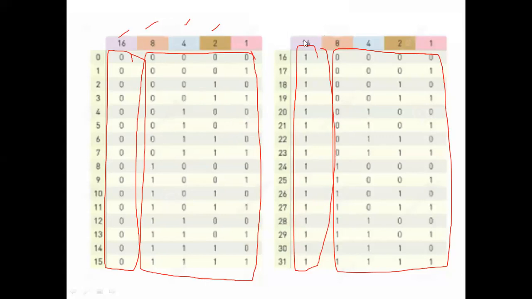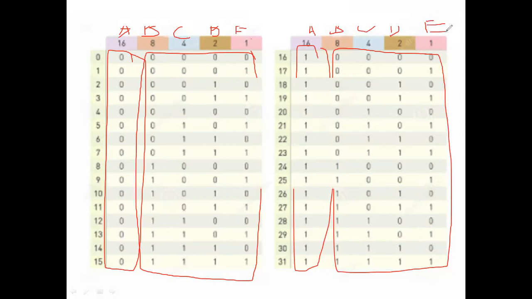Now we are taking the general K-map for 5 variables, that is here A, B, C, D, E. Here also A, B, C, D, E. Now for A equal to 0, we are having 16 number of cells.